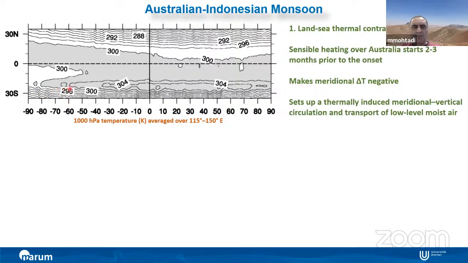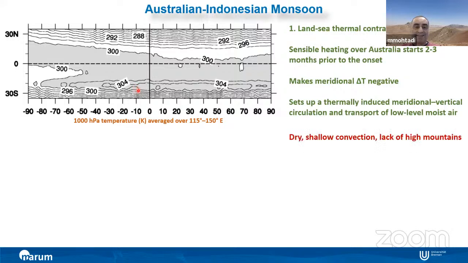So about 2 to 3 months before the onset of monsoon, the northern part of Australia becomes warmer than the equator. So it reverses the meridional temperature gradient and sets up a thermally induced circulation and transport of low-level moist air towards Australia.